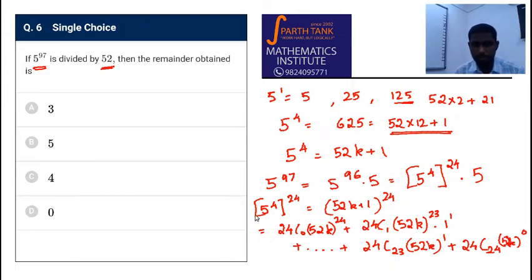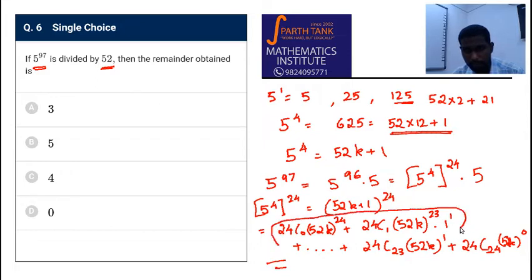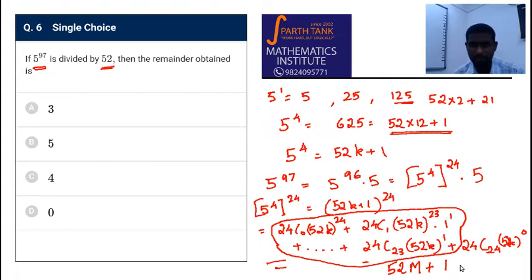Alright, now you see all these terms, the first, second, are all multiples of 52, because they are 52 to the power 24, 52 to the power 23 till 52 here. So all of these terms from the first term till the last but one term, we can say is another multiple of 52. Let us call it 52 times capital M plus 24c24 is just 1, right? So you see what we have got?